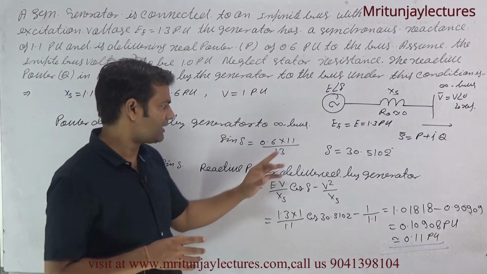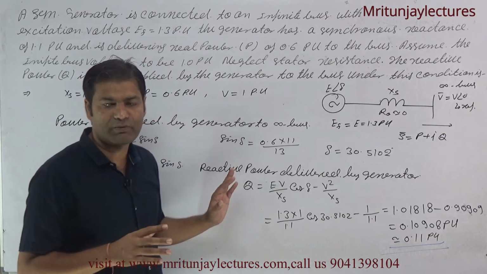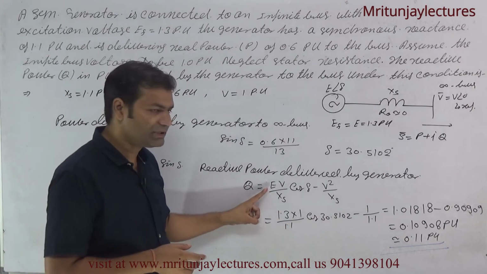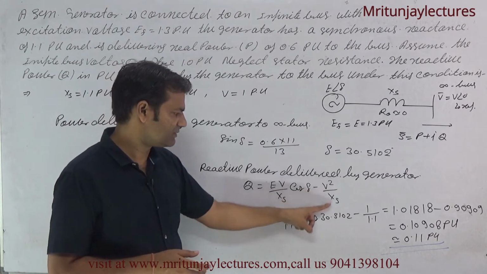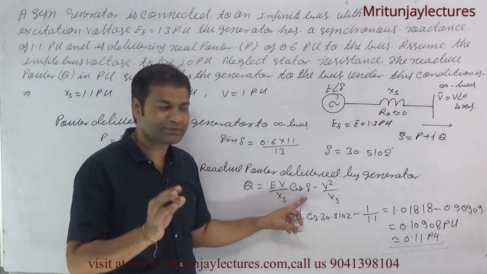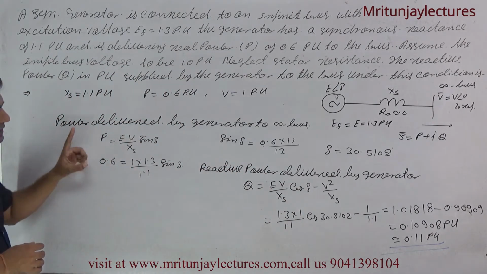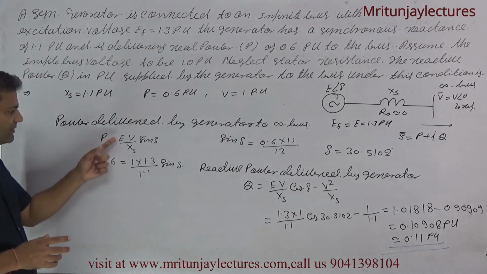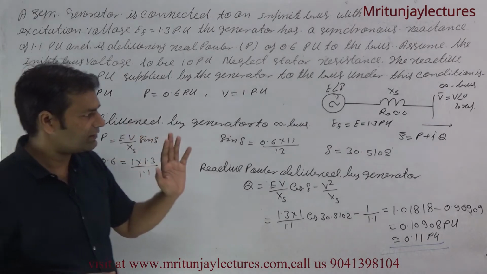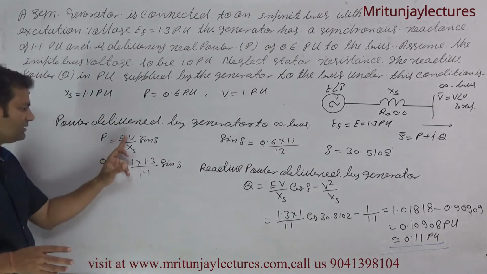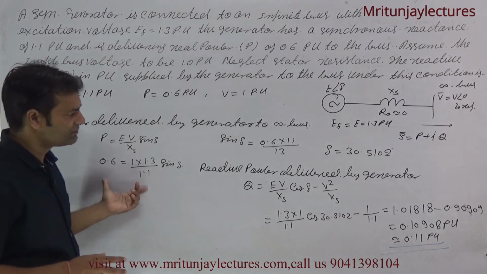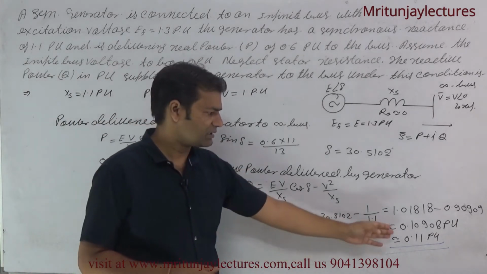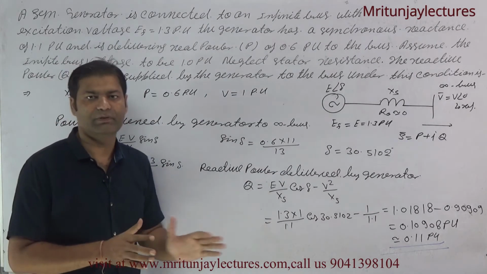If Ra is equal to 0, then Q is the reactive power delivered by the synchronous generator. E is given, V is given, X is given, but delta I don't know. That's why we first focus on P, the power delivered by the synchronous generator to the infinite bus. If Ra is equal to 0, then P is equal to EV by X sin delta. Putting the given values, we got delta, and corresponding to this we got the answer. Okay, first of all make it.